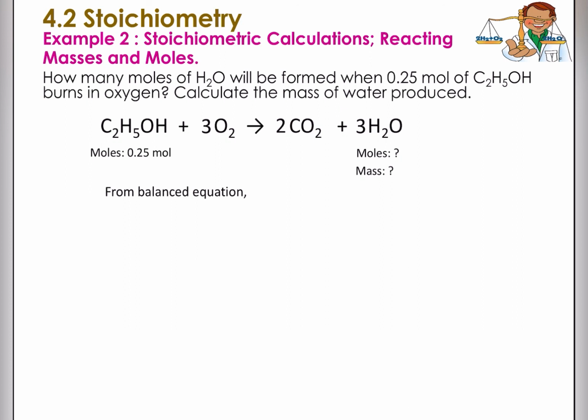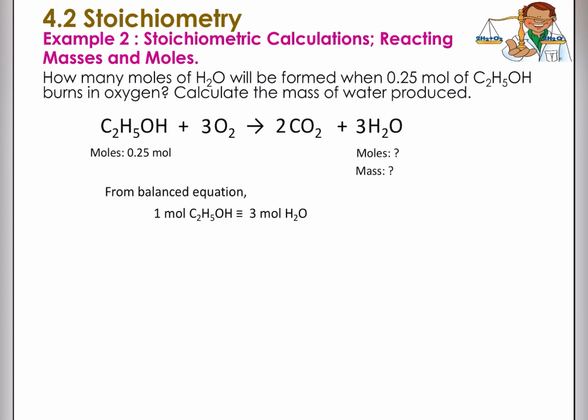Dan ada dua line. Line yang pertama based on equation awak. So, kita ada 1 mole of C2H5OH dan saya ada 3 moles of H2O. So, that is my first line. It means that 1 mole ethanol produce 3 mole H2O.